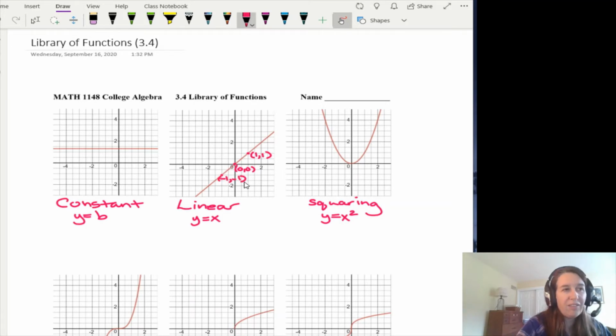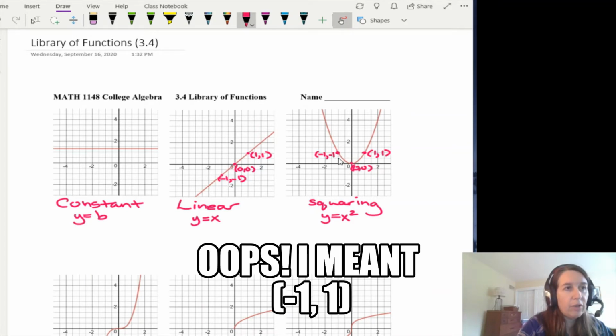Obviously with a line it's not too crucial, it's pretty easy. Here over in the squaring function, we still have that intercept of 0, 0. And then here is our point 1, comma 1. And over here is our point -1, comma -1.